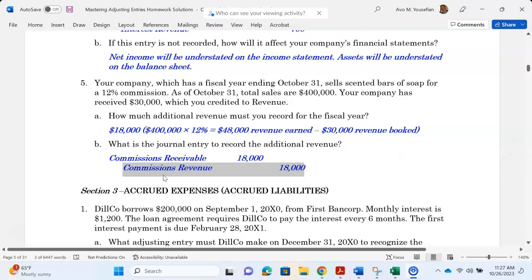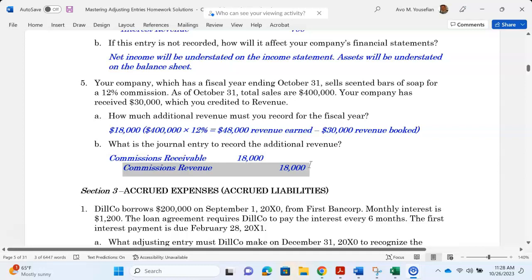If you don't do this, then your asset will be understated in your balance sheet. If you don't do this, then your revenue will be understated in the income statement. If revenue is understated, that means net income is understated in the income statement.